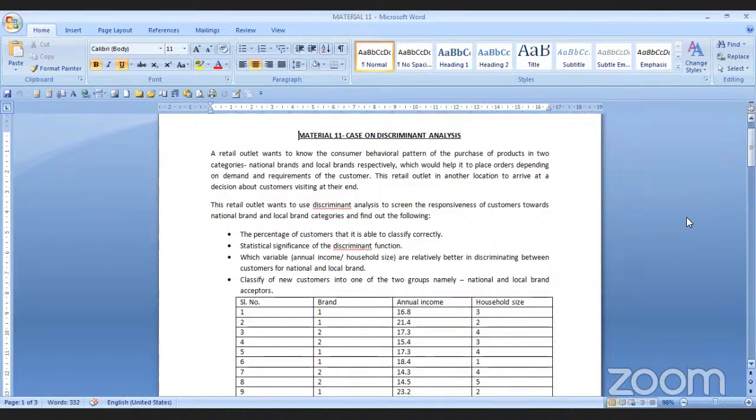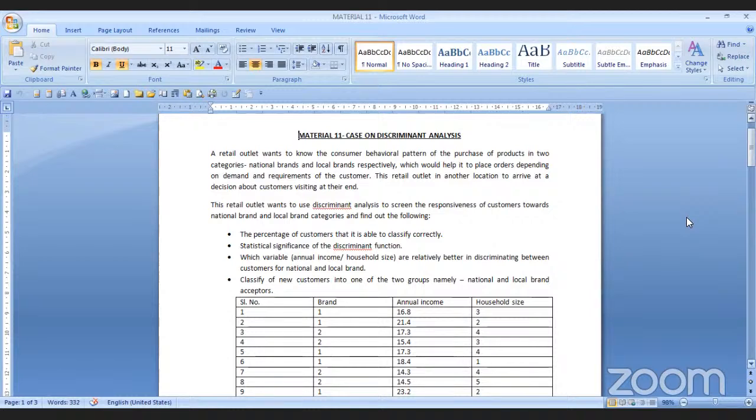So how to classify that? What are the independent variables? That we'll discuss. Here national brand and local brand are categorical variables, so we can classify by using discriminant analysis. Then check the statistical significance of the discriminant function, and which variables are relatively better in discriminating.